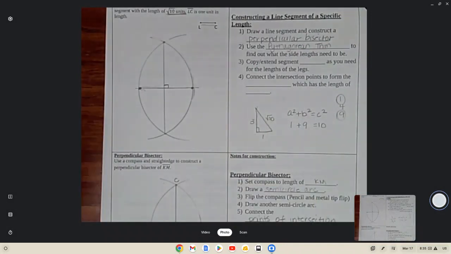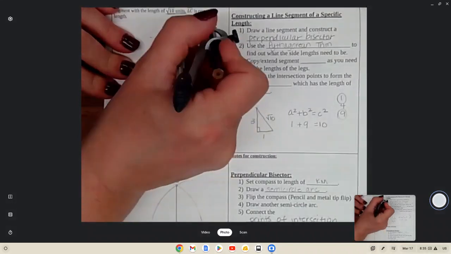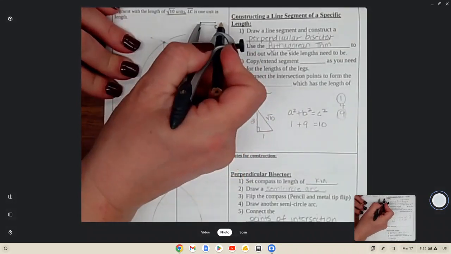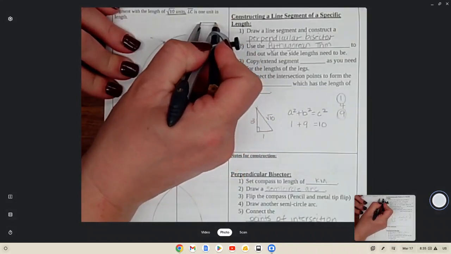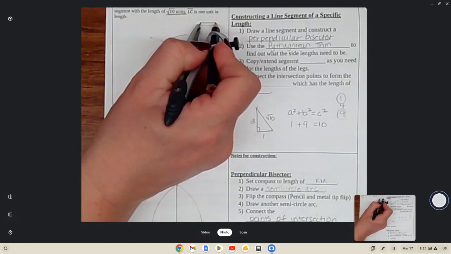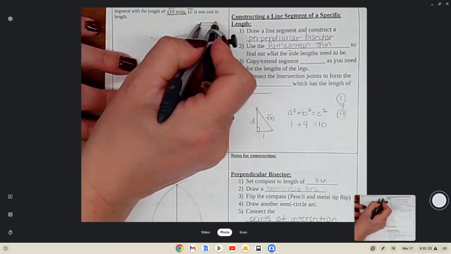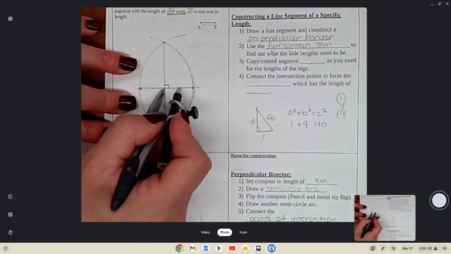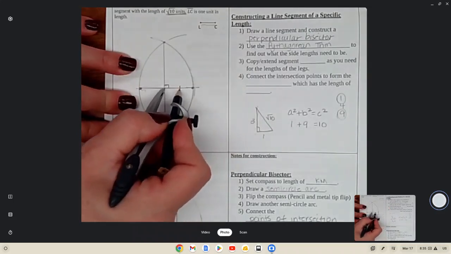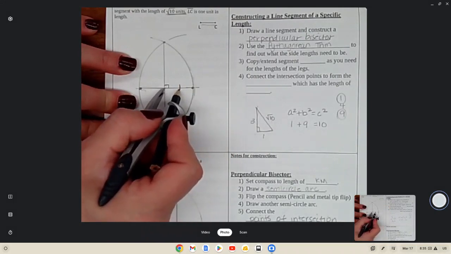Okay. So now we come back up to our unit. Open up your compass to that unit. So we want a side that's 1 unit. We want a side that's 3 units. Okay. So from this vertex, there's 1 unit there. Okay.